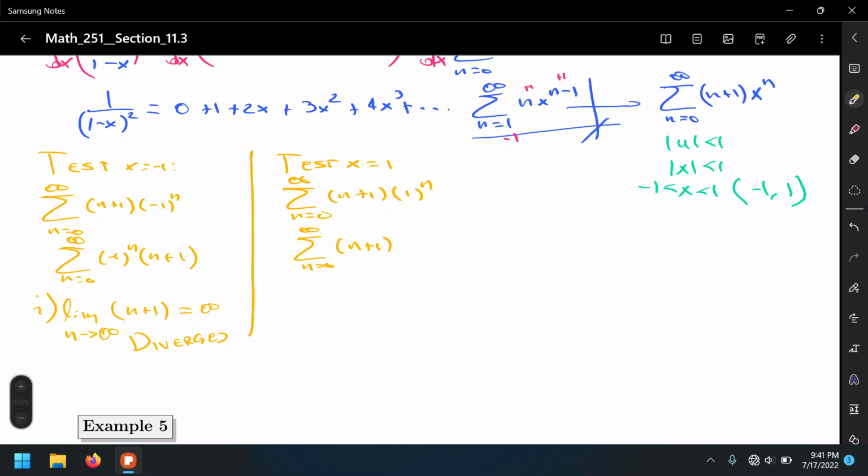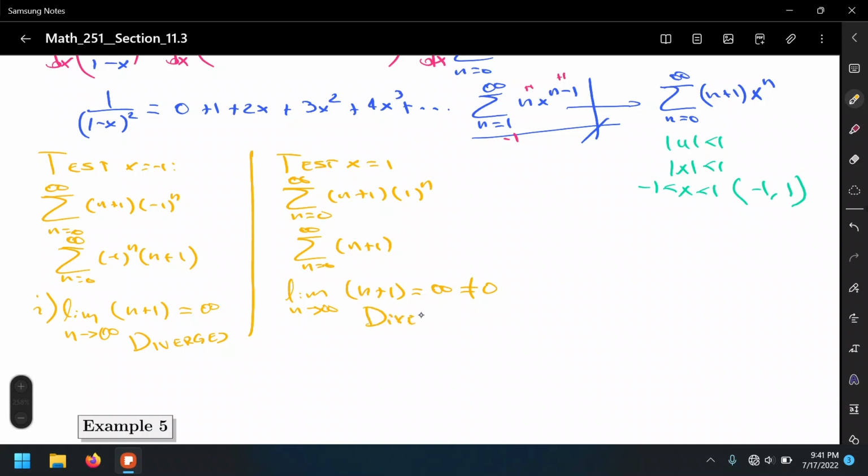And let's look at this series. It's very similar to the previous one. We can use the n-th term test for divergence by taking the limit as n approaches infinity, and if the limit is either infinity or any number different than 0, which in this case is infinity, it's not equal to 0, then the series diverges.